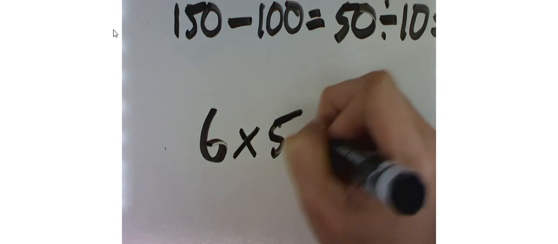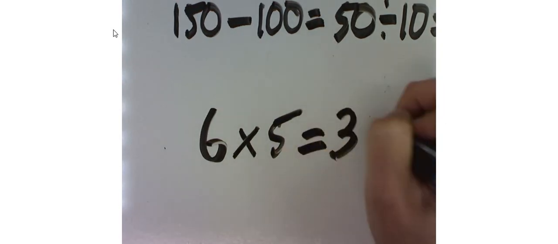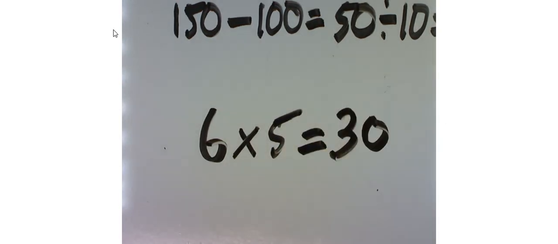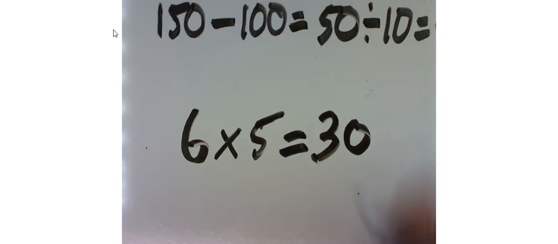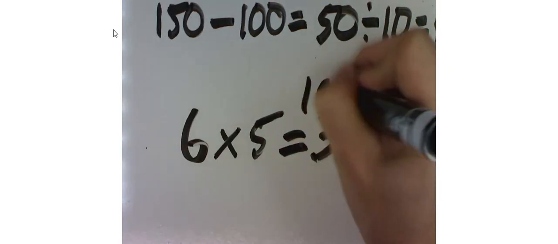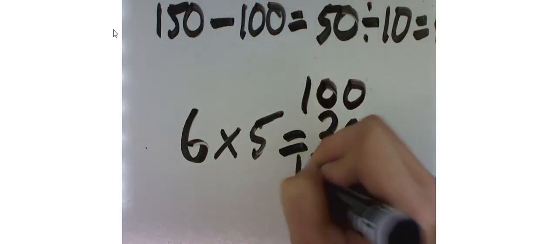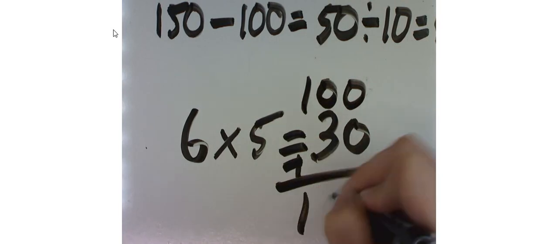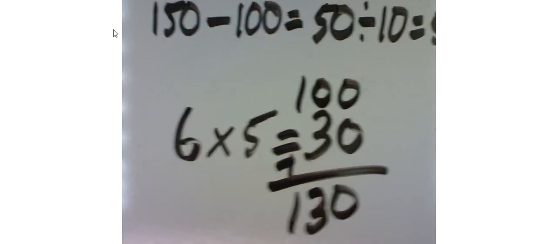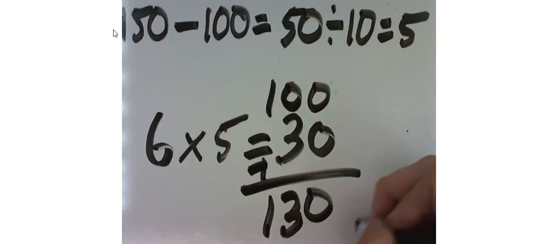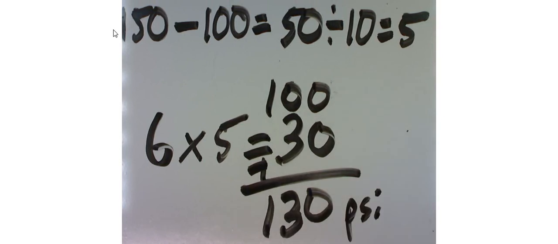So we can do 6 times 5, which is 30. Now, we knew that was after the 100, so we went to the previous one, and we need to add those together. So we get 130. So that would be 130 PSI. Okay, pressure per square inch again.